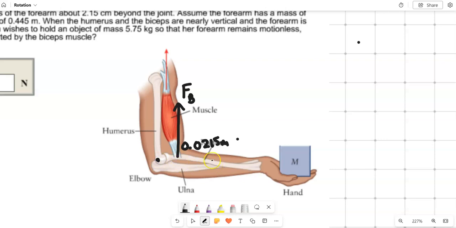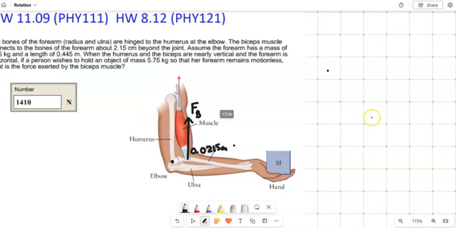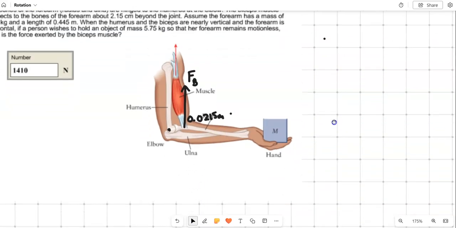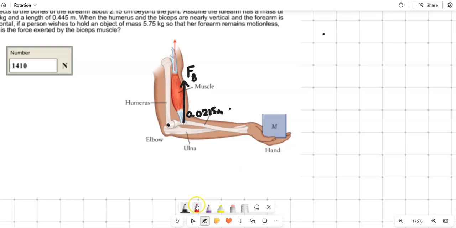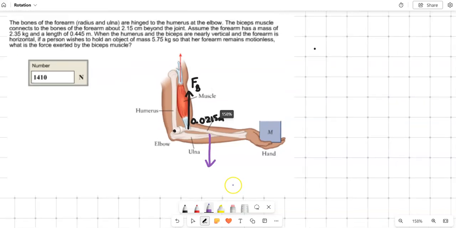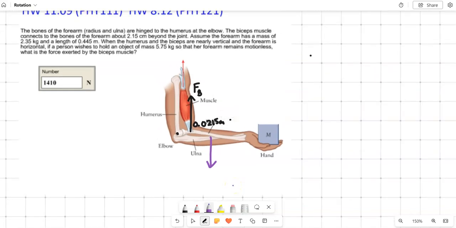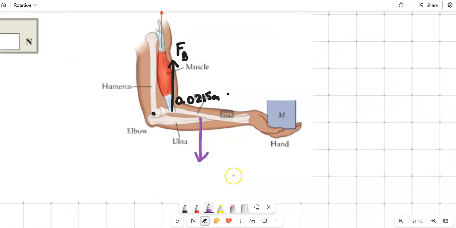They also said that you have the forearm, which has a weight of 2.35 kilograms. The forearm has a weight down, so the weight of the forearm down.